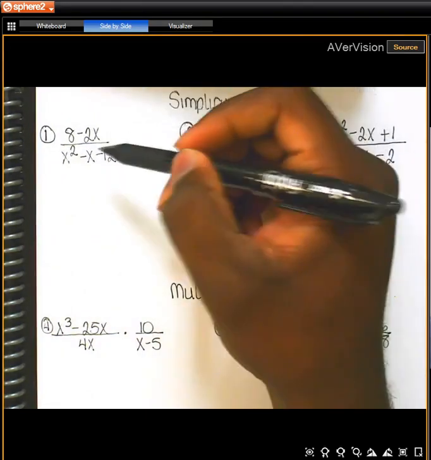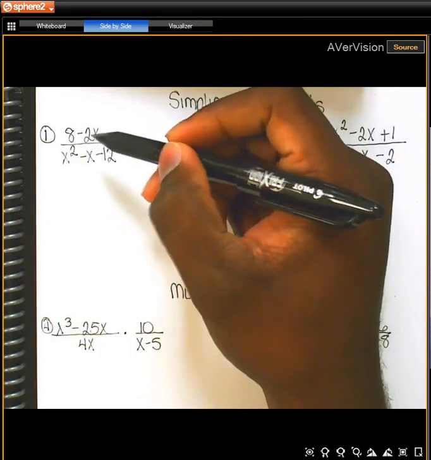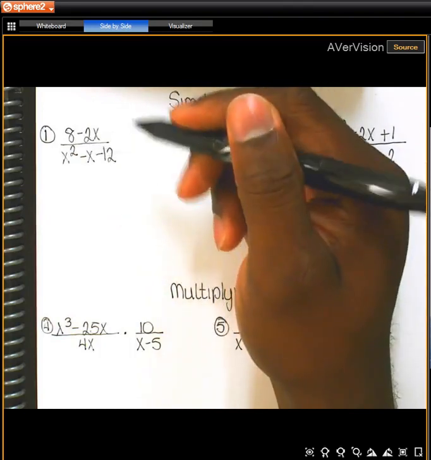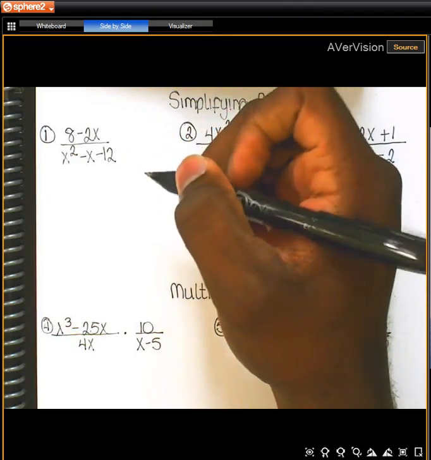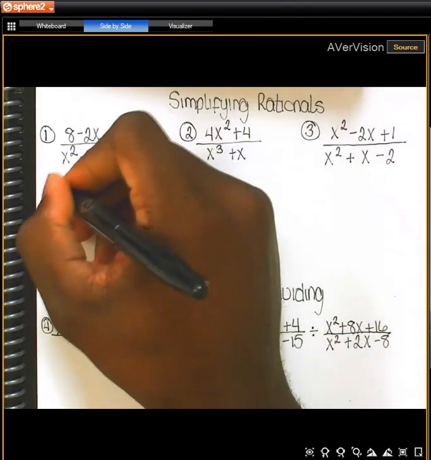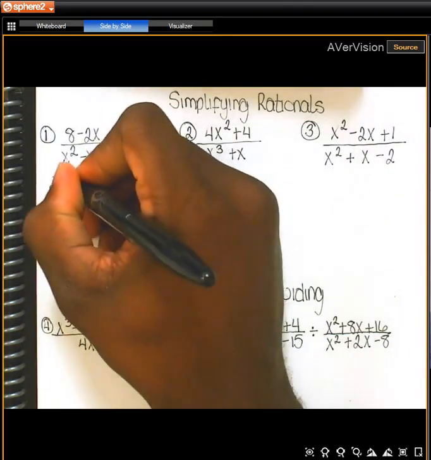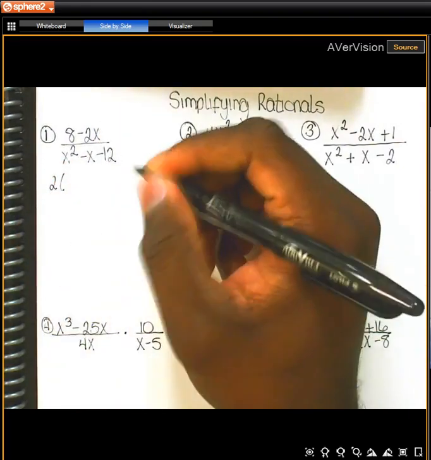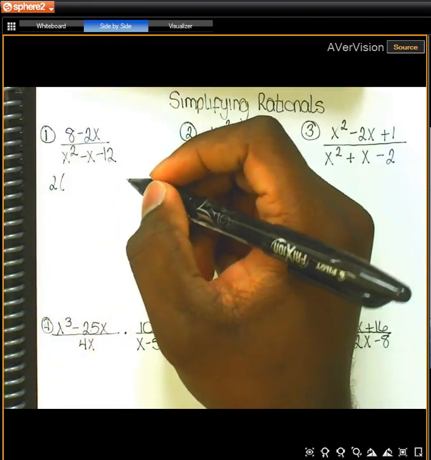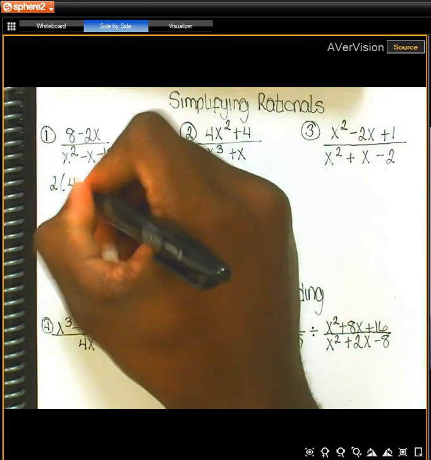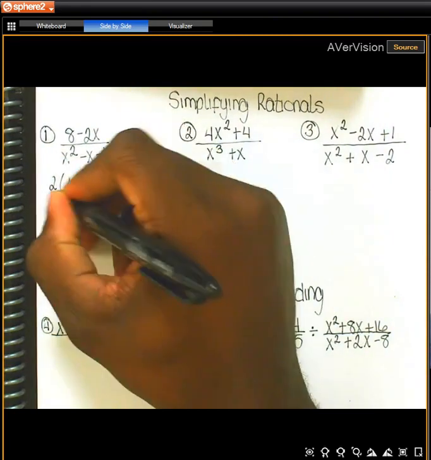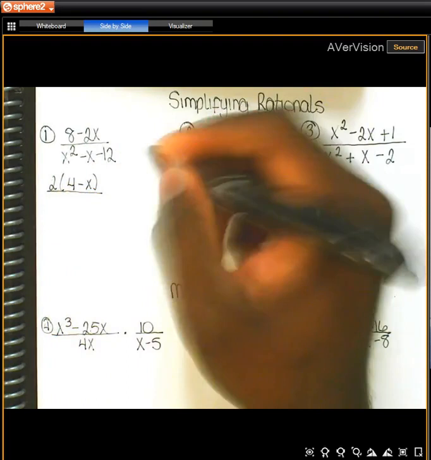So can we simplify this numerator? How? We can factor out a 2. And what's left? And can we factor the denominator?